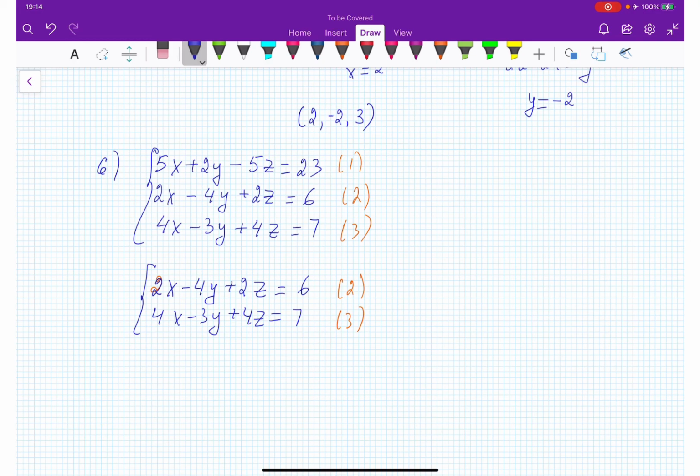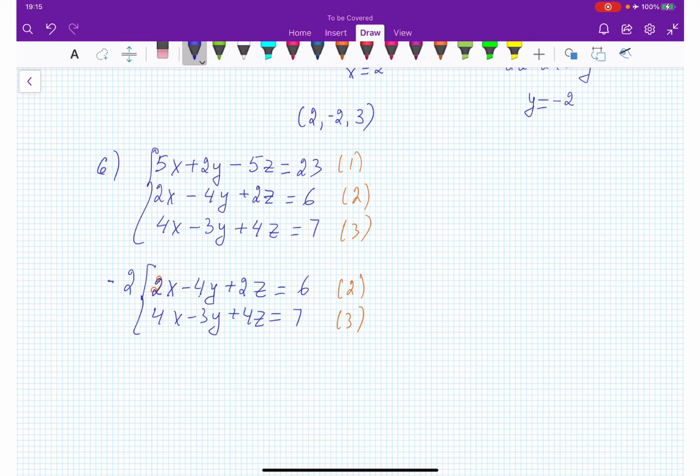Nice. So if I multiply by negative 2, actually, you know what? The second equation, I'm looking at coefficients 2, 4, 2, 6. I could reduce the entire equation by 2, no? But then we still need to multiply, since the third one we can't reduce because I have 4, 3, and 7.